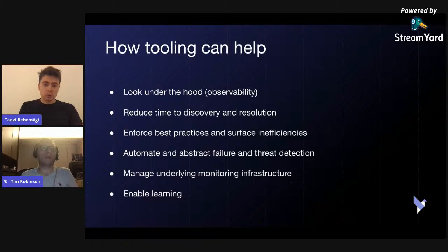Really, I think for serverless tooling, if we talk about monitoring, security, alerting, and failure detection, a lot of the things come down to automation and abstraction. If you're using Cognito somewhere, or you're using SQS queues, for a team to start using SQS queues, not only do they need to implement them, but they need to understand what the risks associated with that are and how to monitor that.